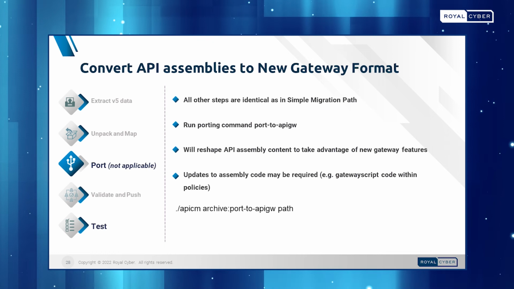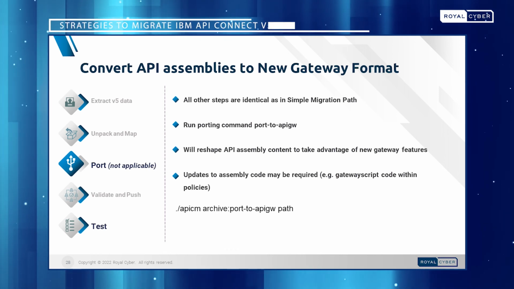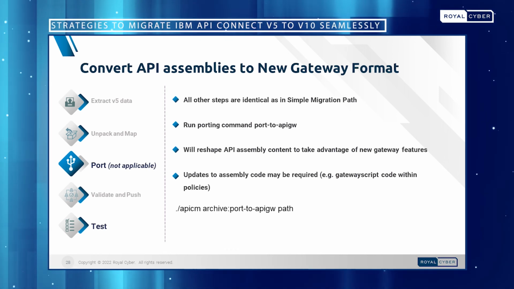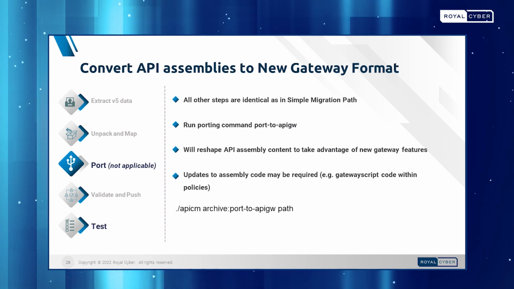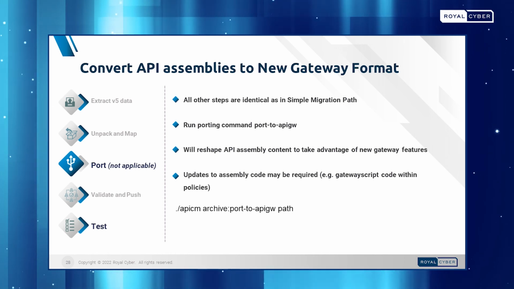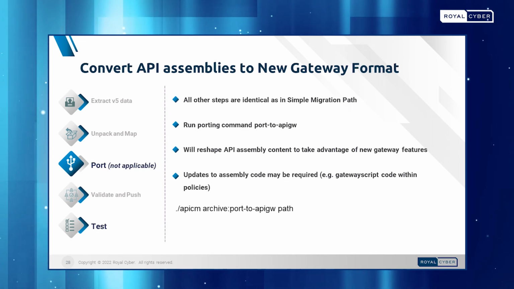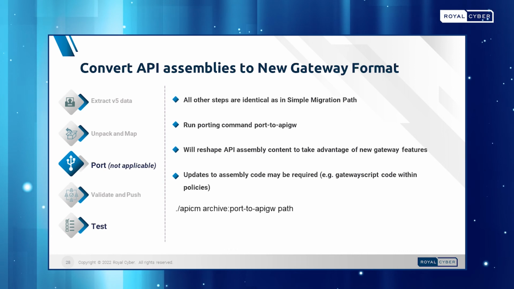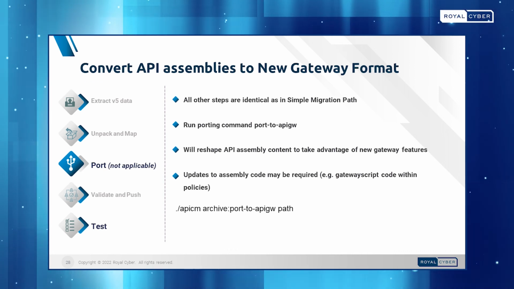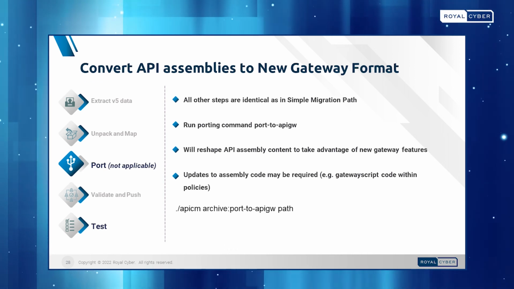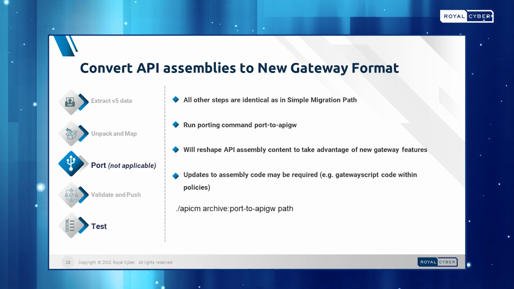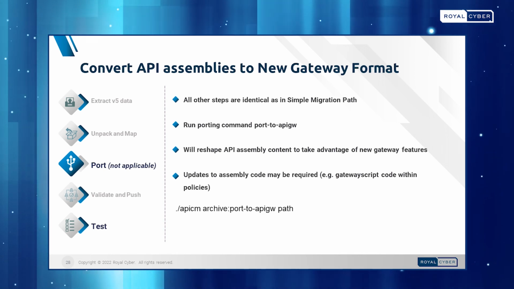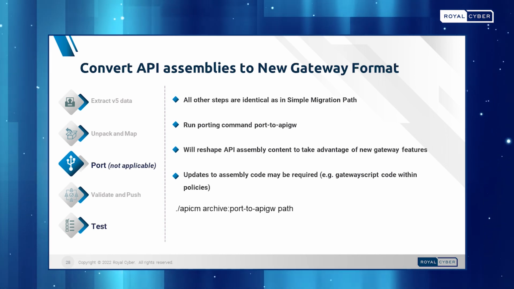The good thing is that these newly created artifacts will not override your existing ones. They will sit side by side with your V5 compatible artifacts. So you can still use your V5 compatible ones, but the tool will automatically generate the V10 native artifacts.